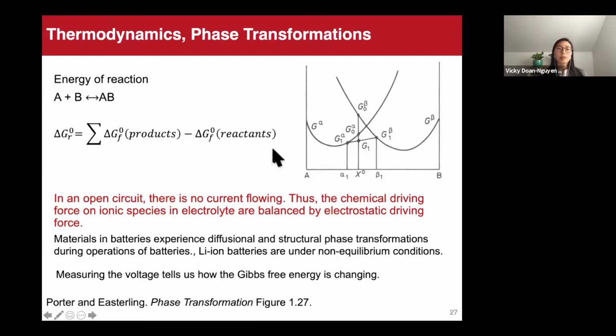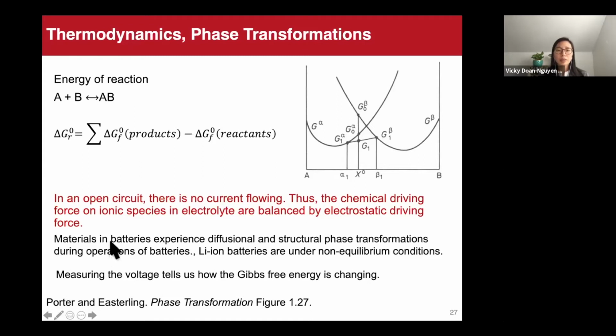When we talk about the open circuit potential, we are measuring the Gibbs free energy of the system as there is no current flowing. And so the chemical driving force on the ionic species in the electrolyte is just balanced by the electrostatic driving force.